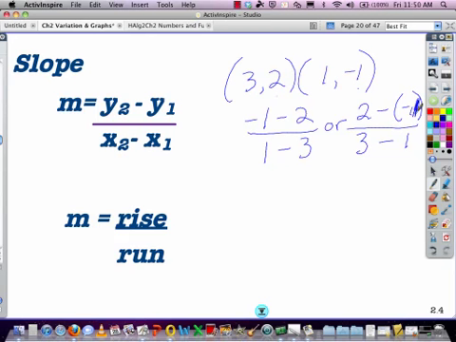Up on top here you can see we get a negative 3. Here we would get a negative 2. That'll give us a positive 3 halves. Here we will get a 3 up on top and a 2 on the bottom. We will get a 3 halves right away. So both of them give us an answer of 3 halves. It does not matter which point you designate as your first point versus your second point. It can go either way as long as you're consistent.